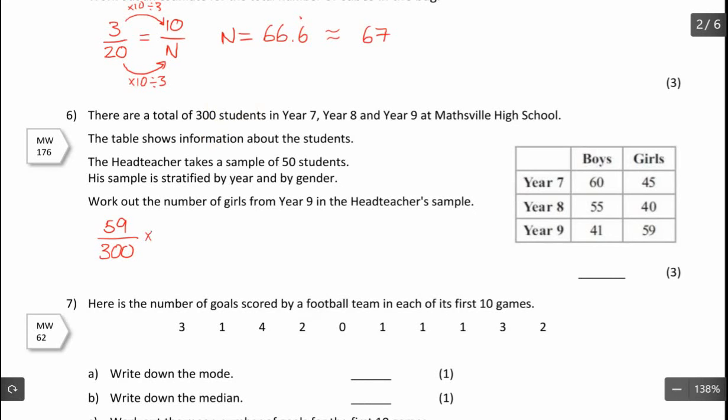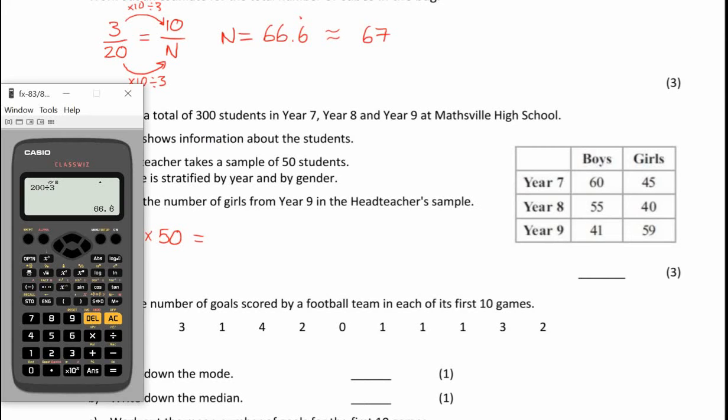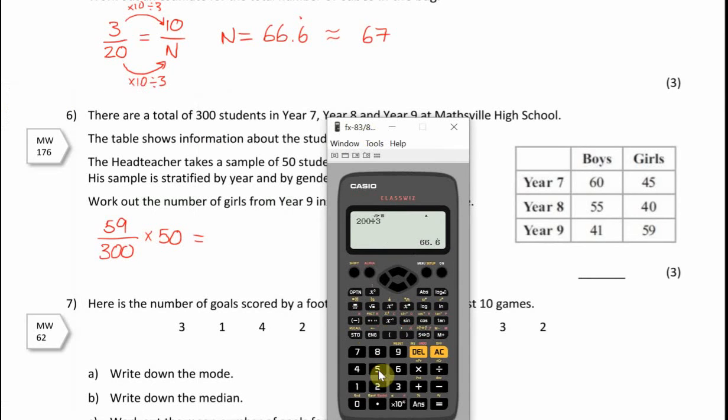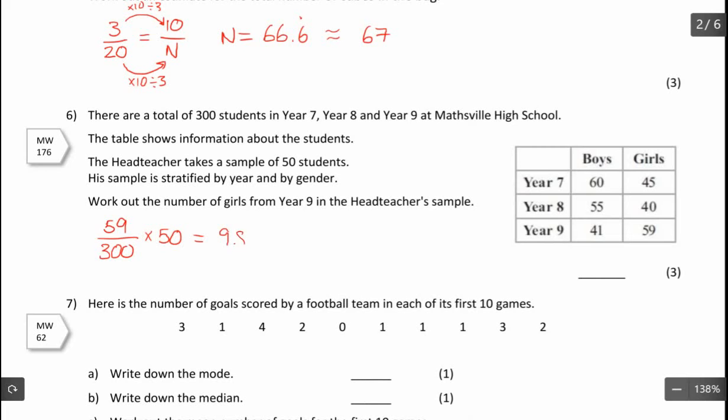And we times that by the sample size of 50, and that will tell us how many people in our sample need to be Year 9 girls. So 59 divided by 300 times 50, and it's not going to give us a whole amount of girls, so 9.83 recurring. Obviously we can't choose that many girls, so again we round it to the nearest whole number, and that will be 10 girls from Year 9.